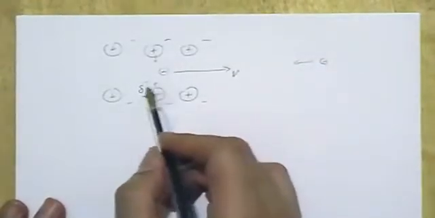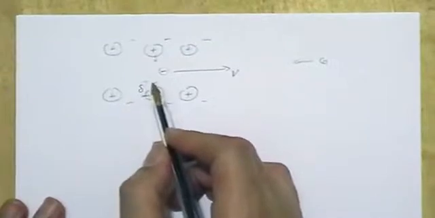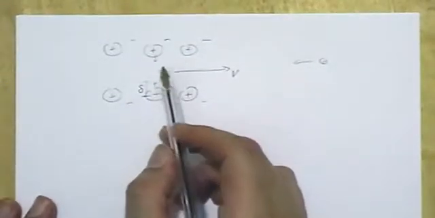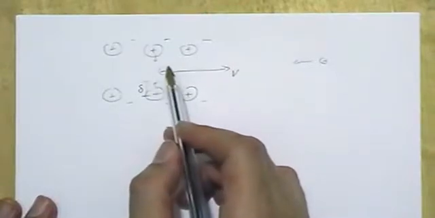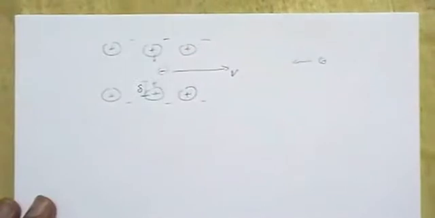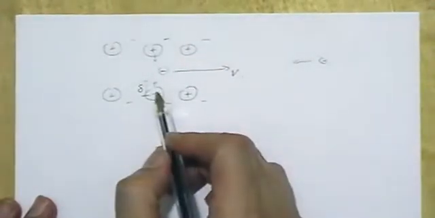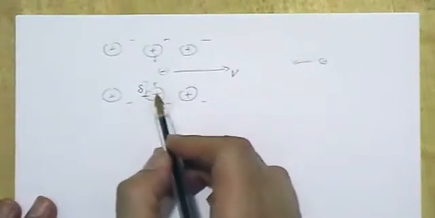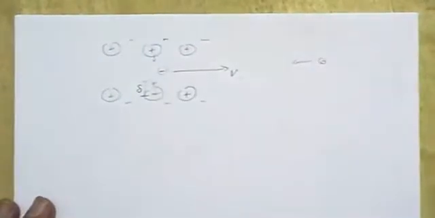But if this positive ion is displaced slightly, then that changes the arrangement, and there would be a net positive potential in this region that is given by the change in the Coulomb potential due to this positive ion for an electron at that point.